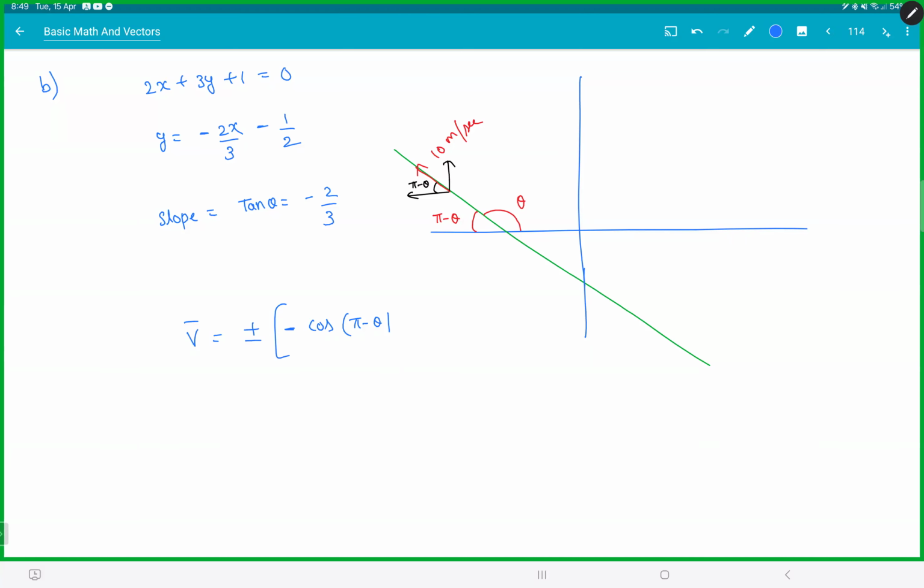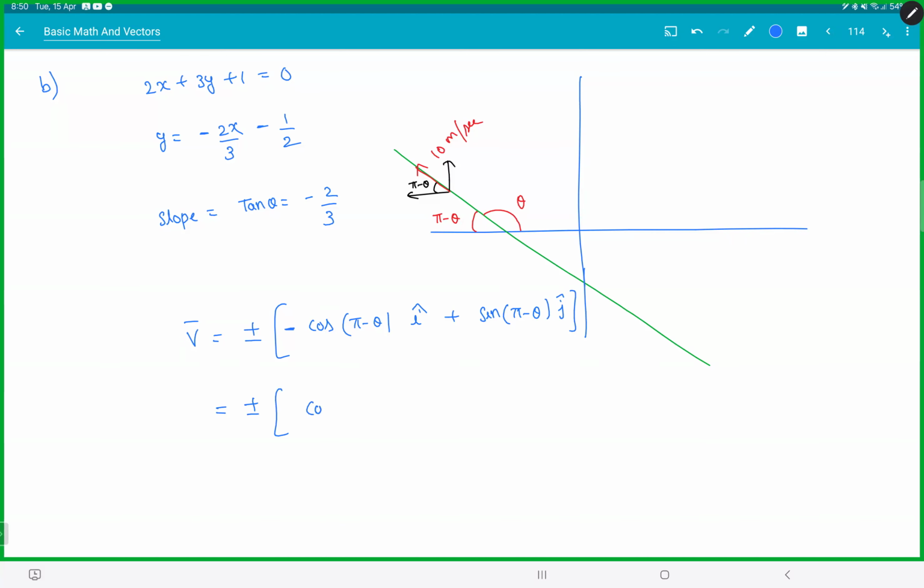Actually, now if the theta is confusing, you can just ignore it and solve it like a normal thing. The signs will take care of themselves. Plus sine pi minus theta j cap. So how much is this, plus or minus? You guys know, right? Trigonometry basic: how much is cos pi minus theta?